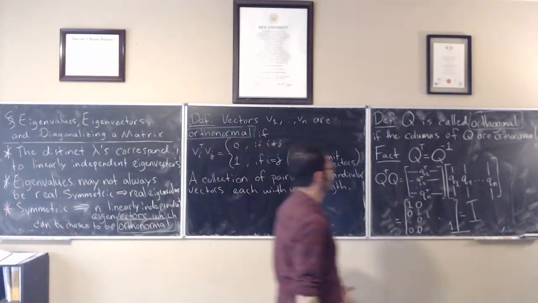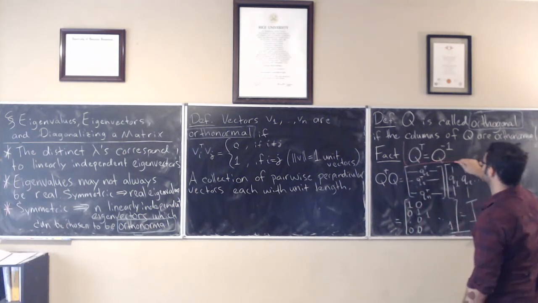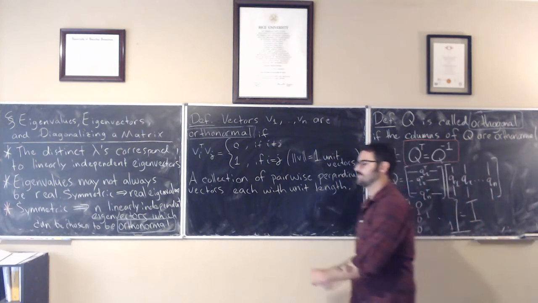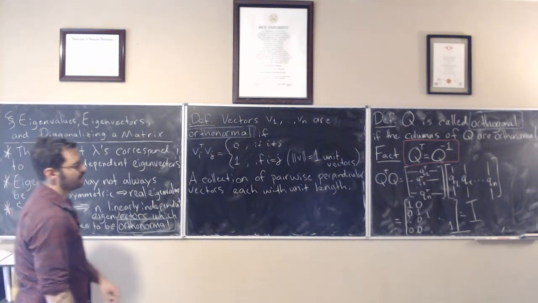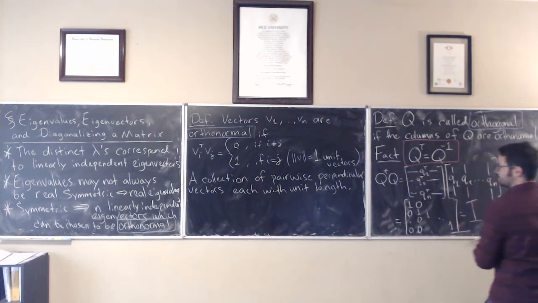This is what's so special about orthonormal matrices: the transpose is equal to the inverse. And you can verify on your own that Q times Q transpose is also the identity.